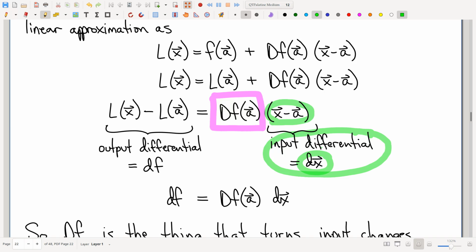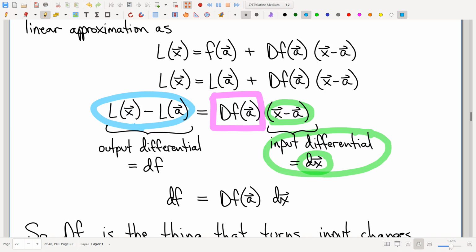Okay. And then let's look at what comes out on the left side of the equation. Now, this does not directly address f. This is about L. But if you think about it, L is our approximation of f. So when I say how much did L change, another way to say that is that's my estimate of how much f changed.